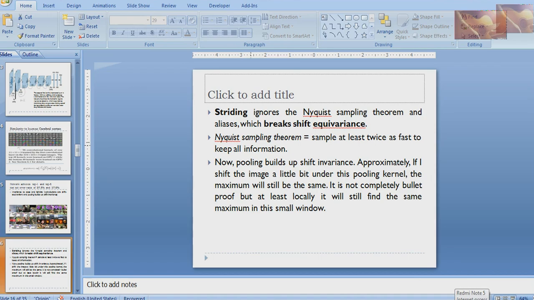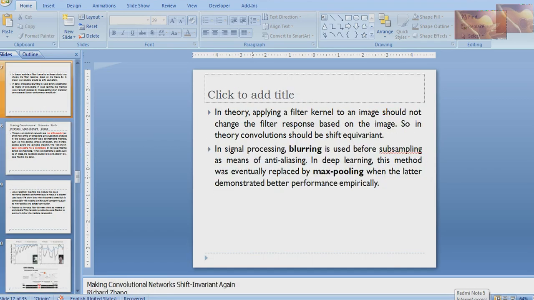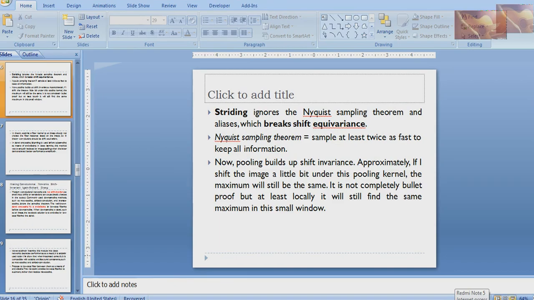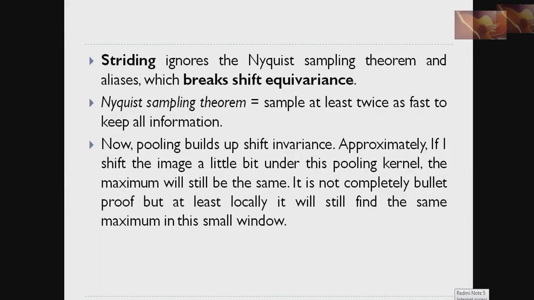Sample at least twice as fast. The Nyquist sampling theorem is ignored by the striding. What it says is sample at least twice as fast to keep all the information. If the wheel is rotating at say x speed, you sample it at 2x to have all the information. Otherwise it will be lost, and you will have image aliasing.